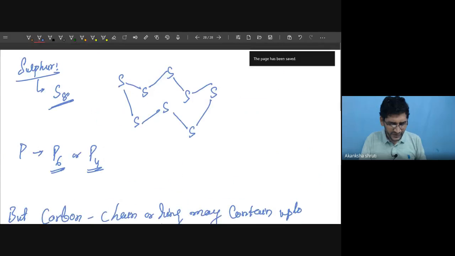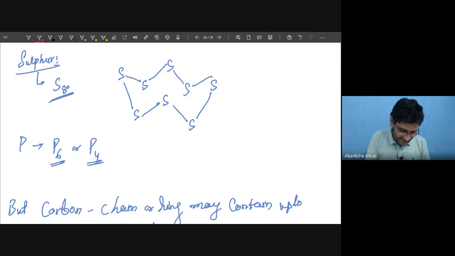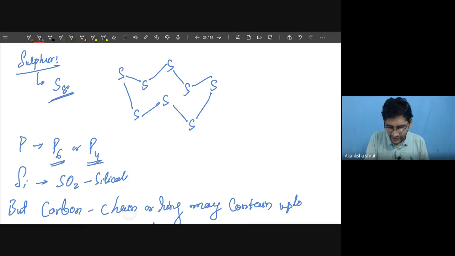A student asked about sulfur and silicon. If you consider silicon, SiO2 basically forms silicate, so it is also able to show catenation.